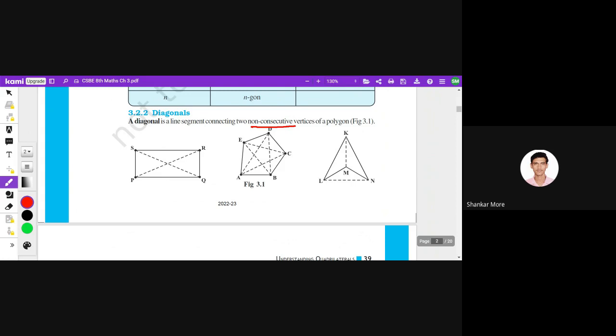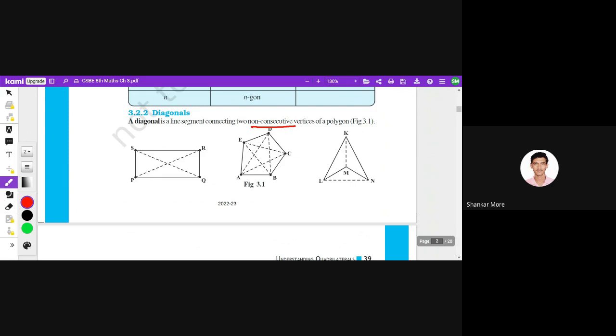And name the diagonal. Yeah, LN. LN is the diagonal which is in the exterior. Right. Okay. I hope you get it, everyone.